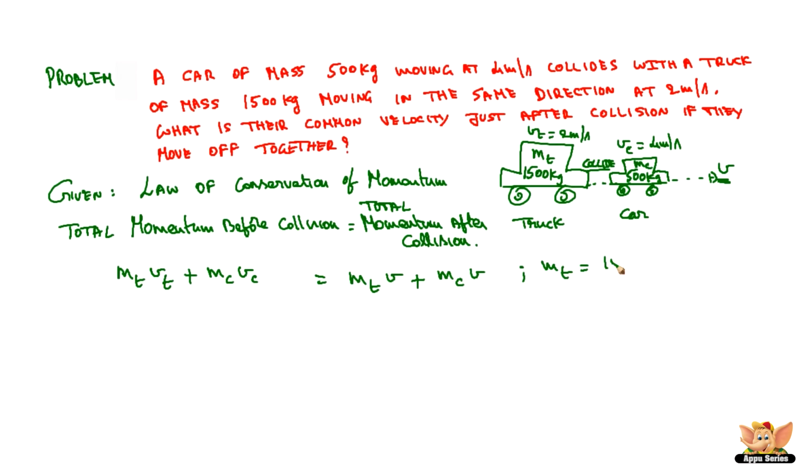So now mt is equal to 1500 kg and Vt is 2 meter per second, and mc, the car mass, is 500 kg and velocity of the car is 4 meter per second.